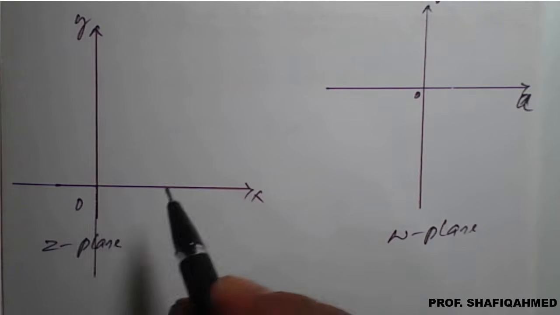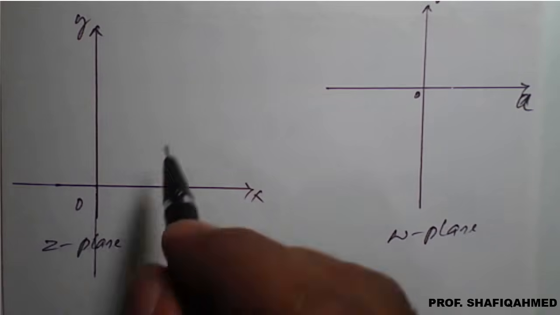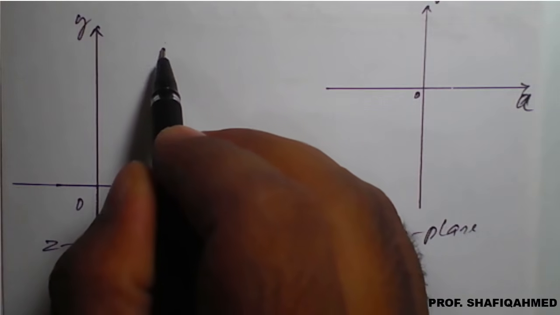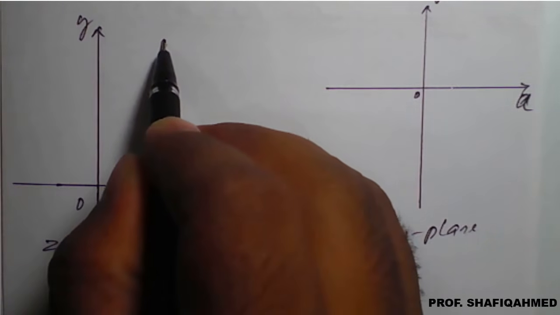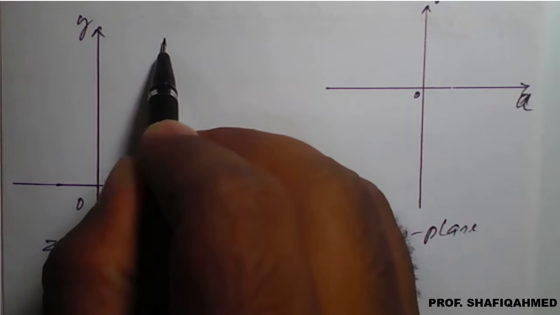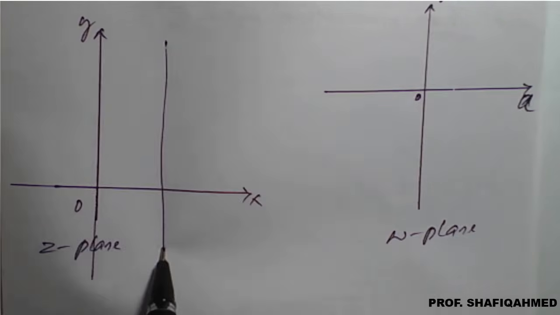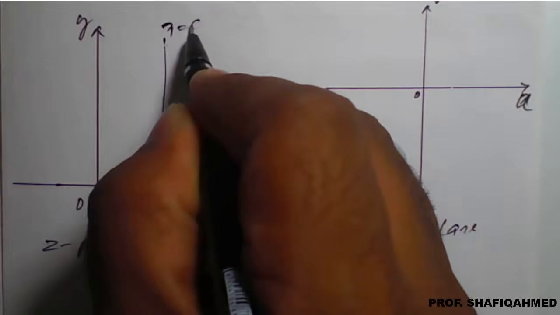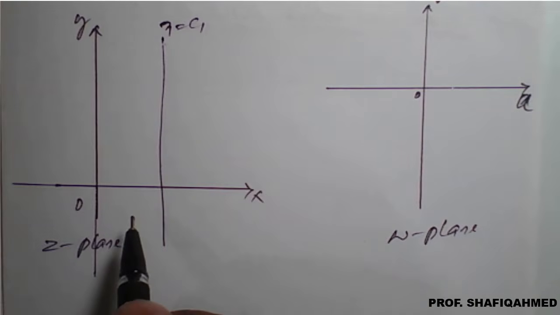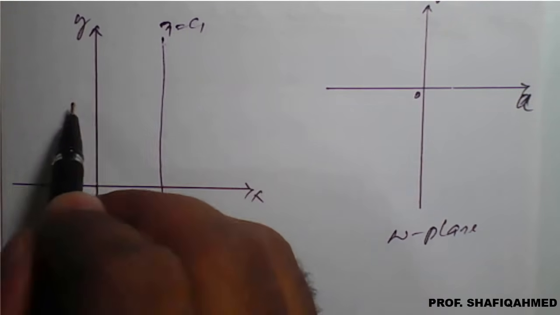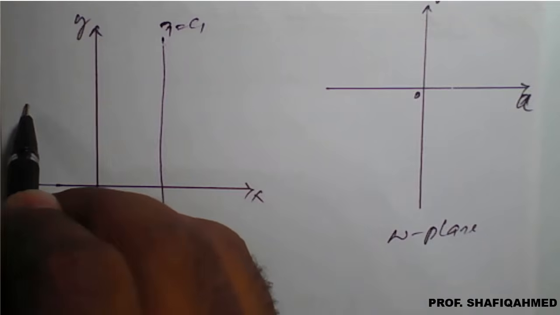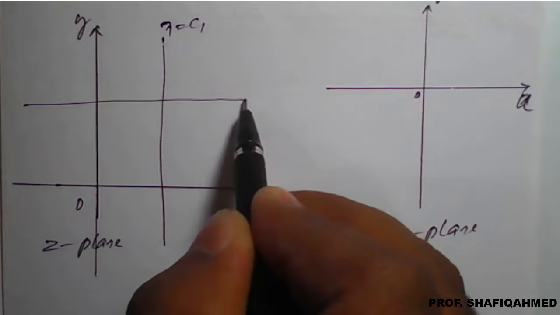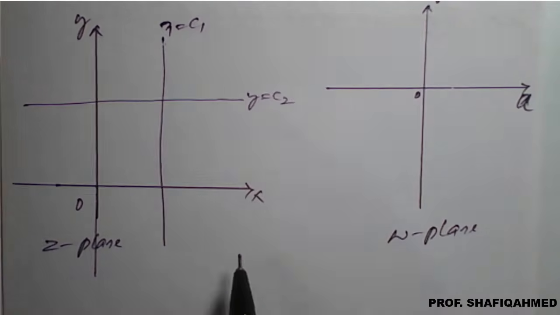This is the x axis, so I will draw a value of c, that is x is equal to c1, and somewhere I will draw y is equal to c2.